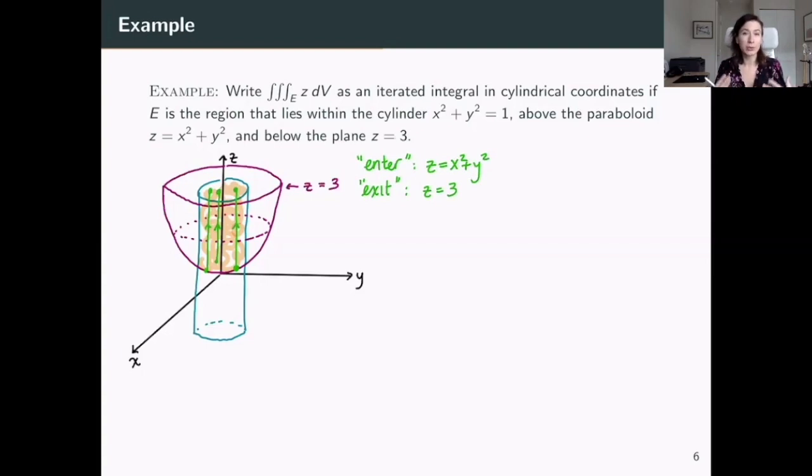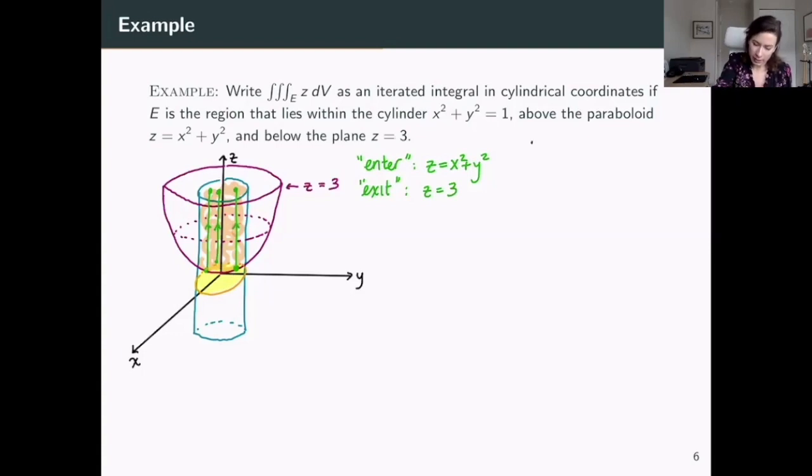Now we need to project our region E down onto the XY plane. And if we do that projection, what we're going to end up with is something that looks like this. Projecting down, we're going to end up with a circle. We can do this algebraically as well.